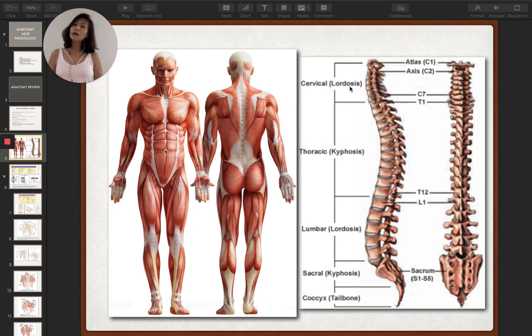So lumbar is also lordosis, which means it's a curve in. So we will talk about postural faults later, so please remember the words lordosis and kyphosis here, and how they relate to the structure of your bones or your spinal column.